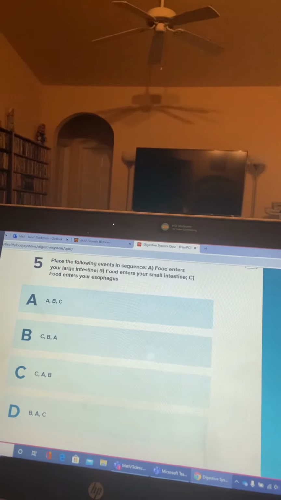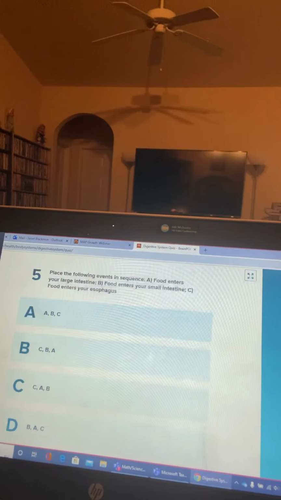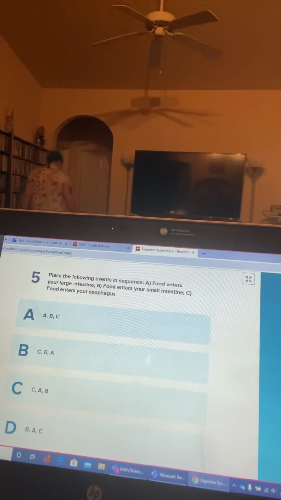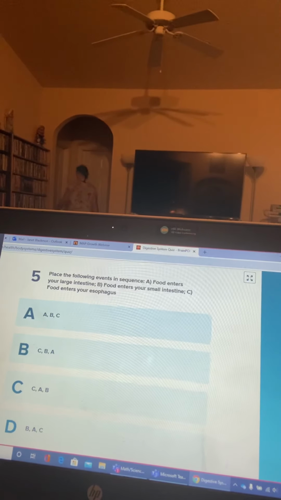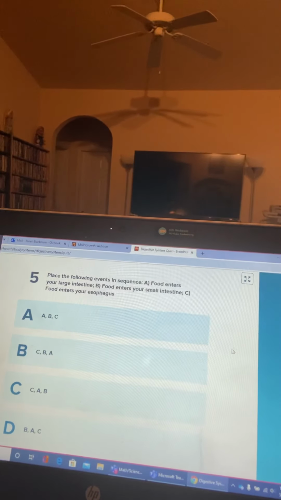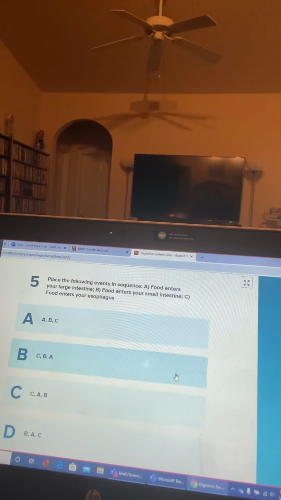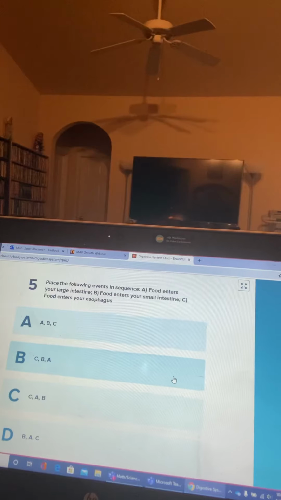All right, it starts with food entering the esophagus, that's C. And then it enters the small intestines, that's B. And then the large intestines, that's A. So your answer should have been B.